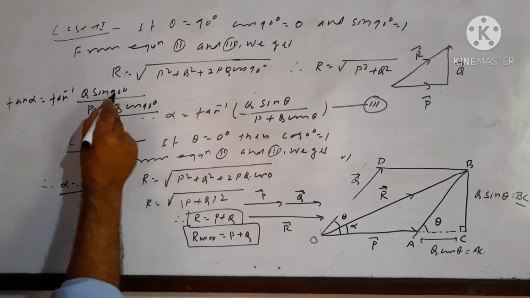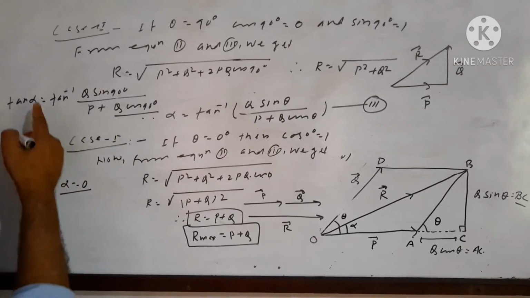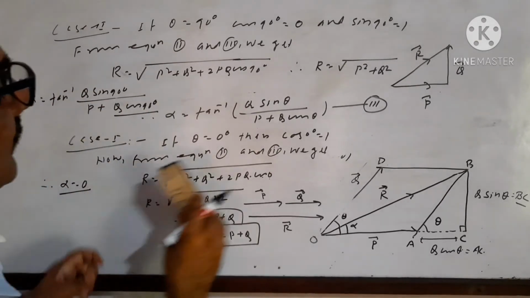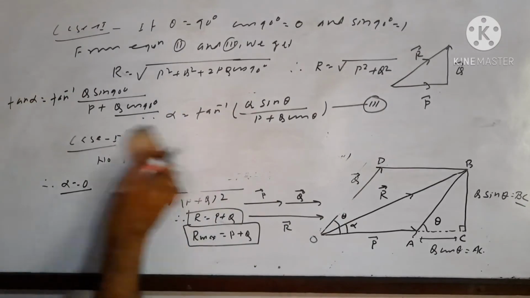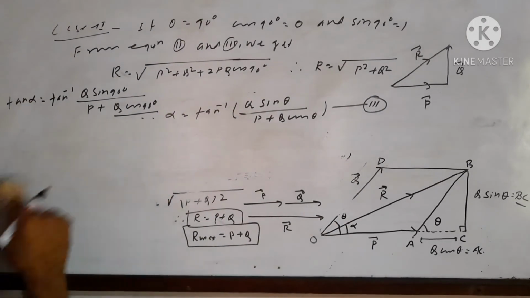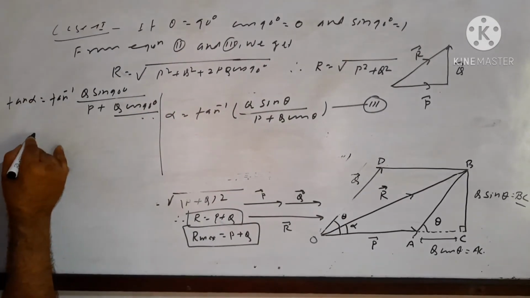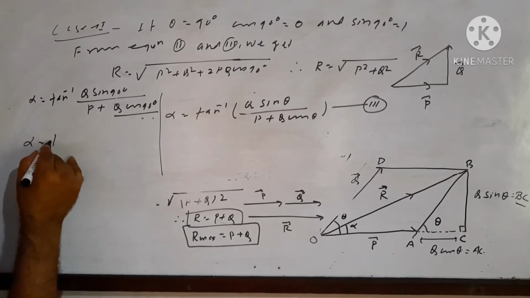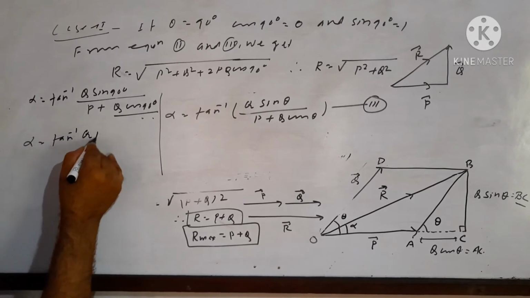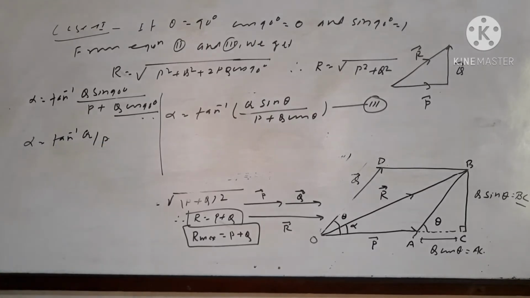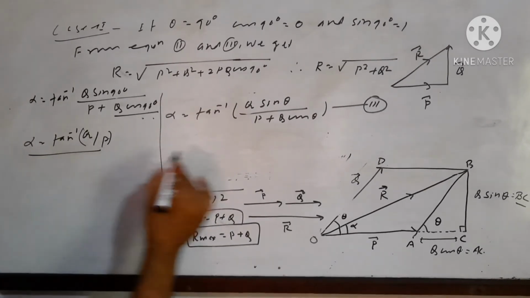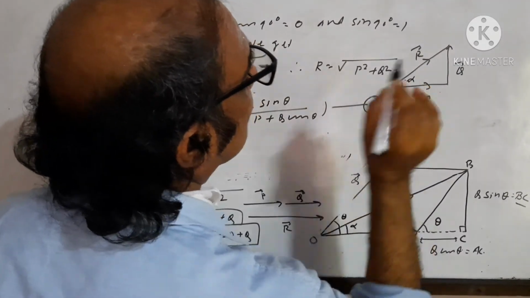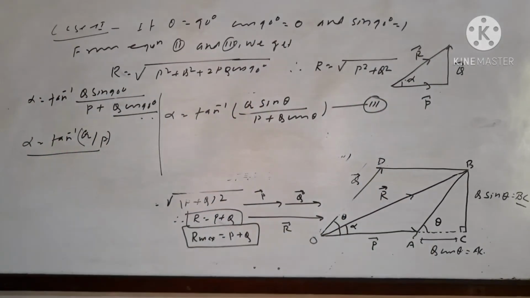This term equals 0, this term 1, so it is Q by P, simply tan inverse Q by P. So in the second situation, alpha is equal to tan inverse Q by P. This is the direction and this is the alpha. This is the direction when the two vectors are perpendicular to each other.